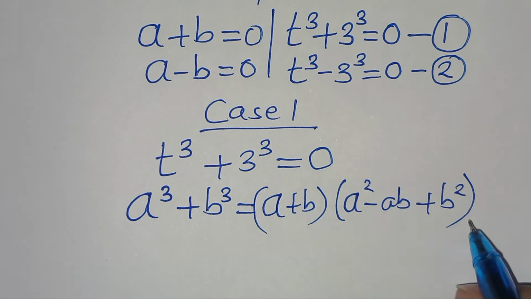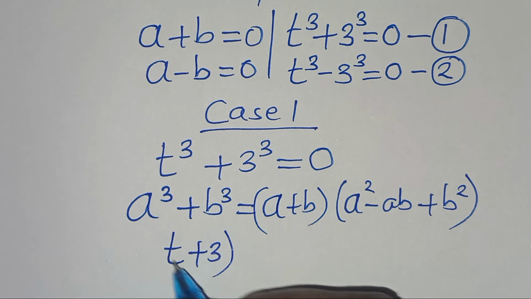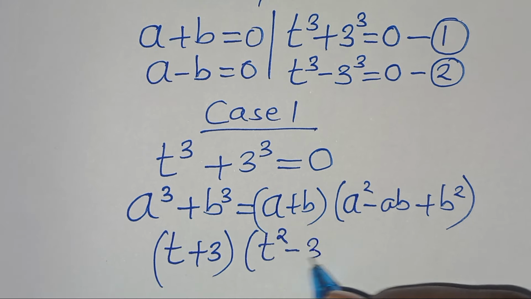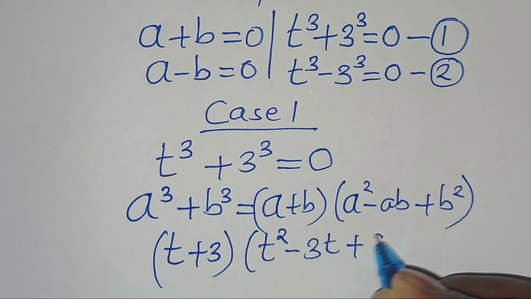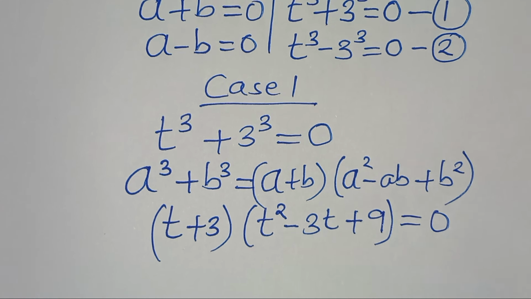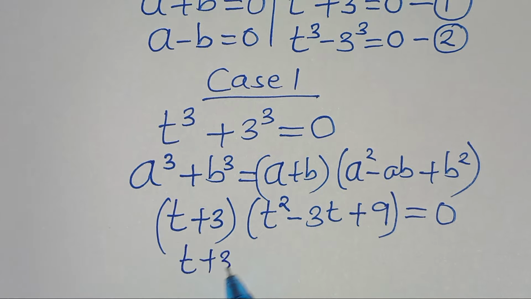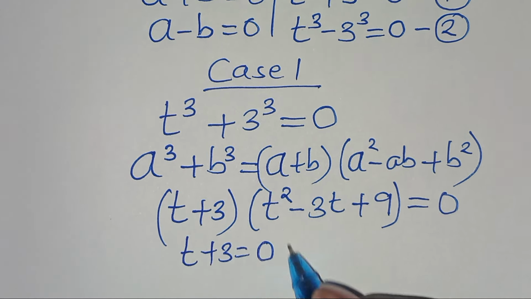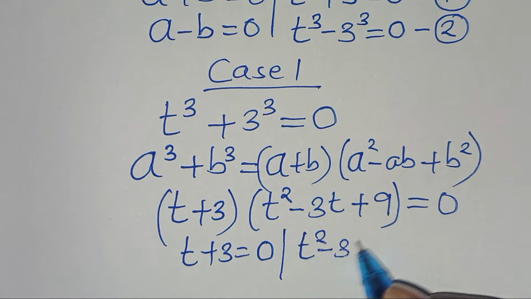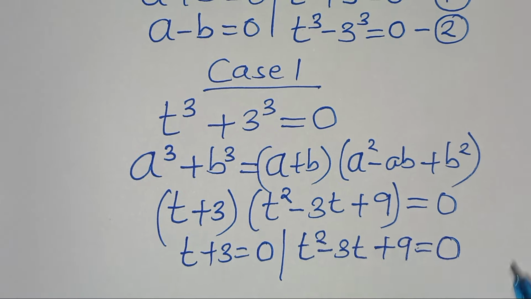Applying this identity, then we have t plus 3, then we have t squared, subtract 3t, then plus 3 squared, which is 9, equal to 0. So we have got two parts here. We have t plus 3 equal to 0, and we have t to the power of 2 minus 3t plus 9 equal to 0.